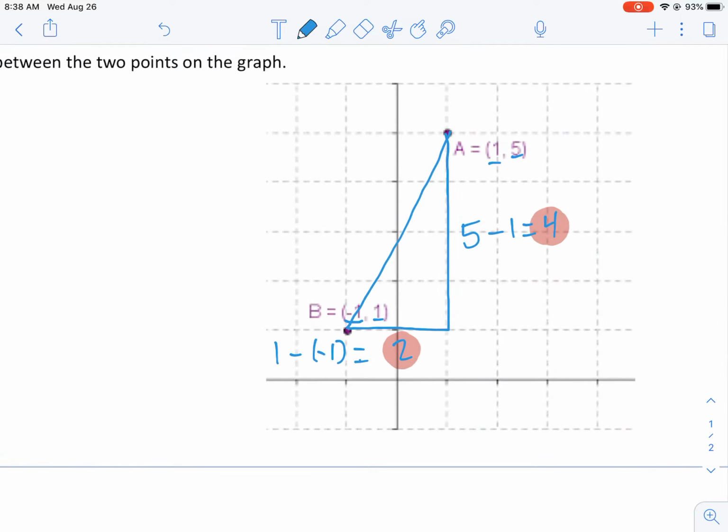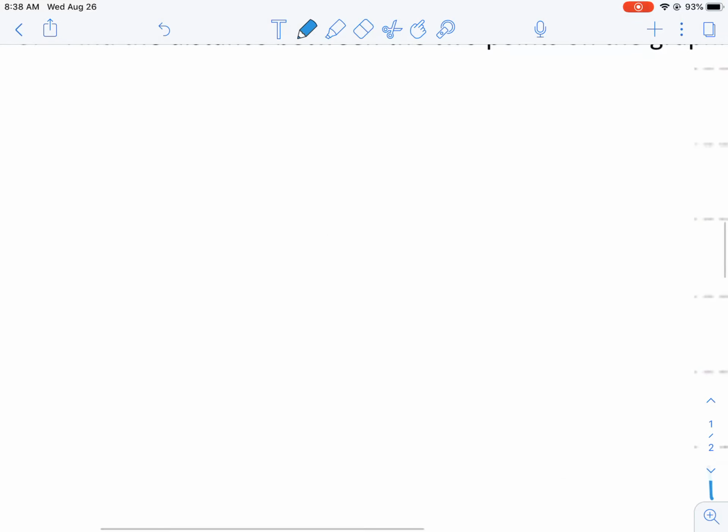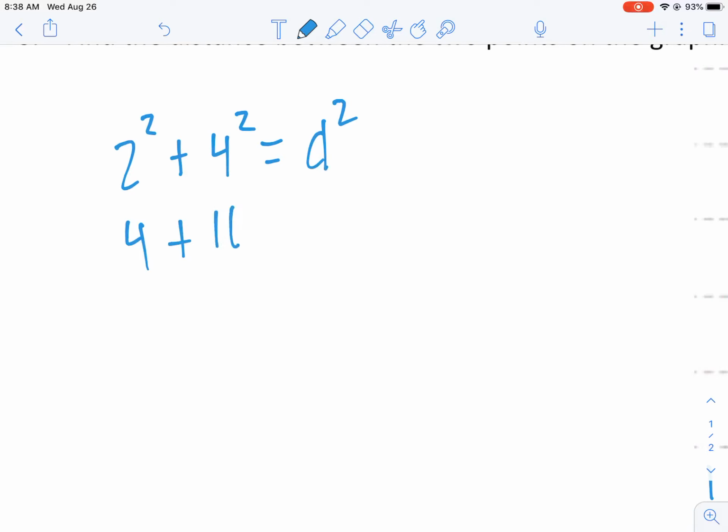And we're going to use the Pythagorean theorem again, just like we did before to find our distance, which would be d. So we've got 2 squared plus 4 squared equals d squared. So 2 squared, that's 4. 4 squared is 16, all right? 4 plus 16, that's 20.